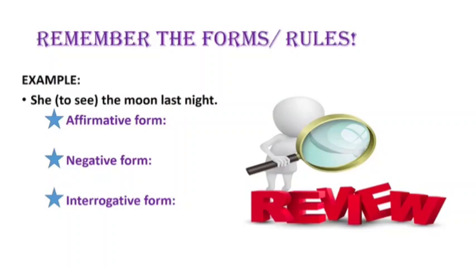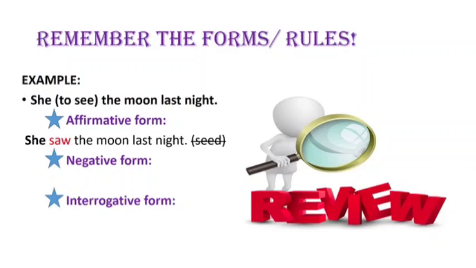So for the affirmative form, we're going to use the simple past that we have in the charts. Go back to the charts if you want. So to see, its simple past is saw. So she saw the moon last night. Remember, you don't add ed or d or nothing. You don't add that. So you have to memorize them.